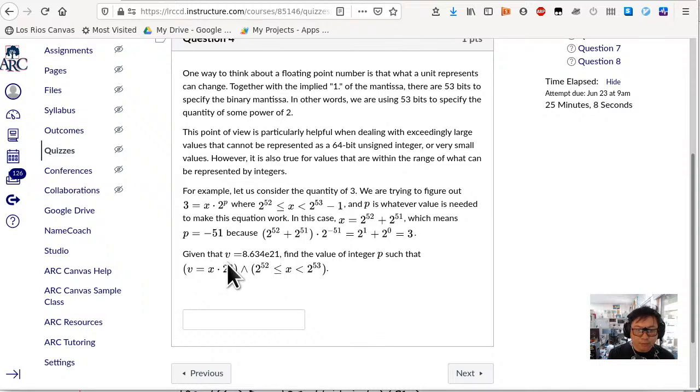Then I can solve for P. Whatever P I solve for in that case is the upper bound of the actual integer P, because the P that I solve for when X is the smallest amount is slightly larger than the P that I need. So if I take the floor of that, I will get the answer right away.